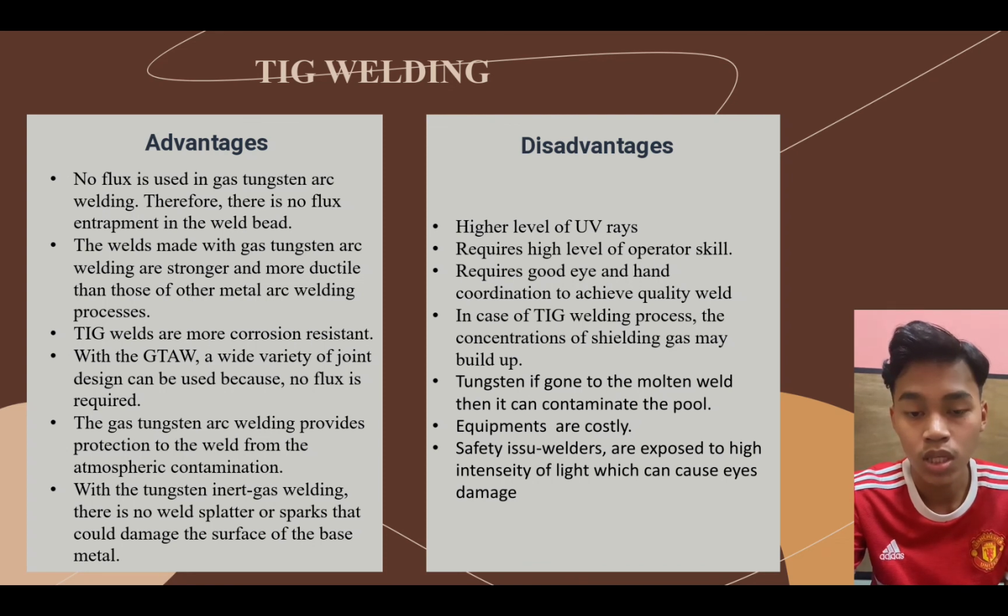Number 6, in the case of the TIG welding process, the concentration of shielding gas may break up. Number 7, if tungsten goes into the molten weld, it can contaminate the pool. Number 8, equipment is costly. Number 9, safety issue, as operators are exposed to high intensity light which can cause eye damage.